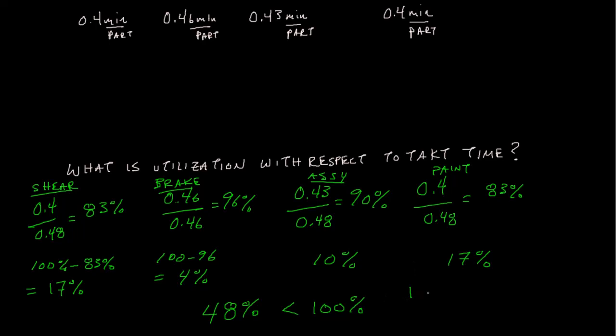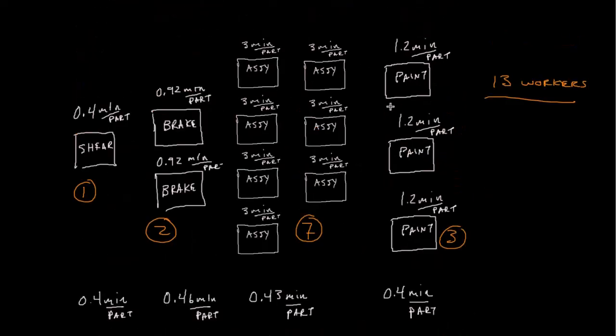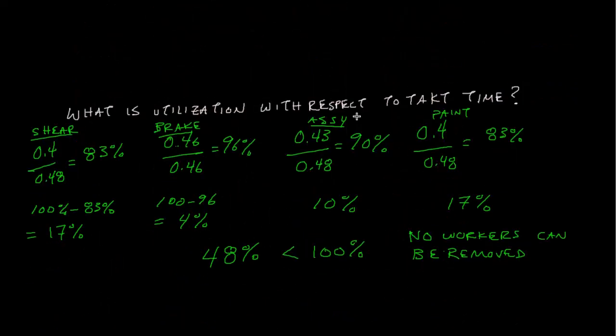So I guess the way to word this is no workers can be removed. I know that in this situation, this setup here is the max efficiency I can get, unless there are other things that you can do that I didn't talk about, and that is maybe having different lengths of shifts.